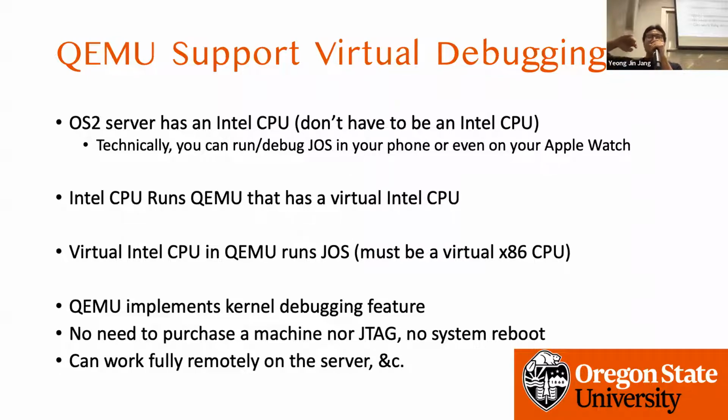All the instructions are interpreted and then semantically run on QEMU. So we can even run JAWS this way, because we can compile QEMU on ARM computers. Then that Intel CPU runs a QEMU that has a virtual CPU inside of it, and that virtual CPU runs JAWS. So that's how it works.